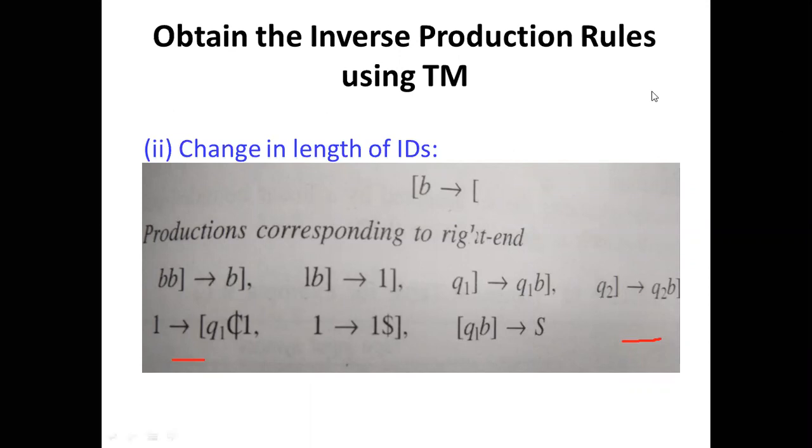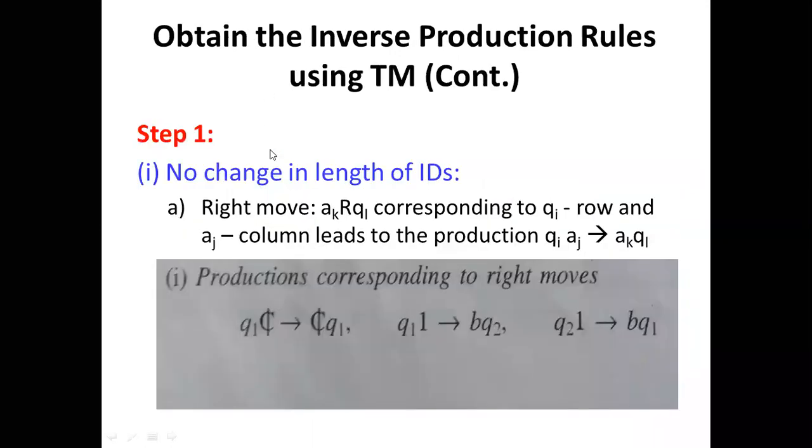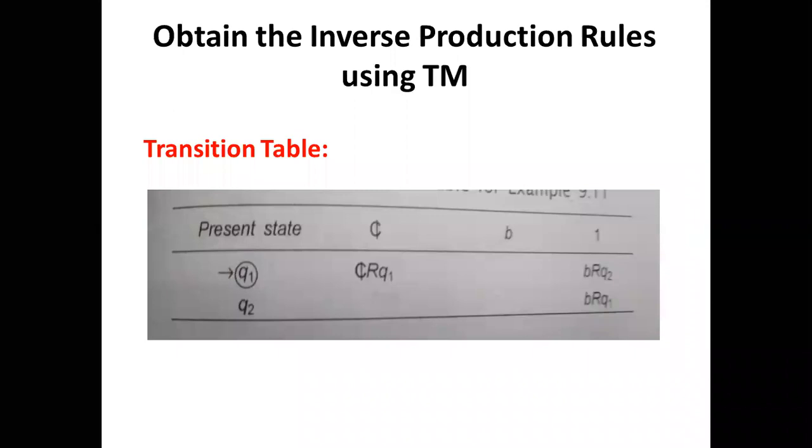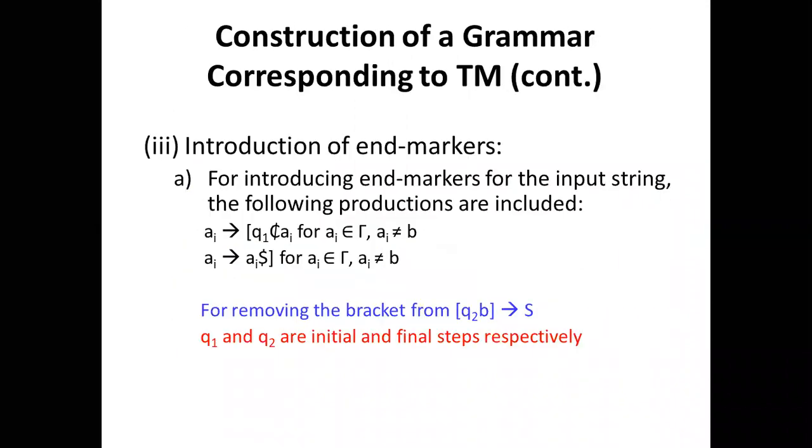And now we have considered the last one, the introduction of the end marker. The corresponding production is AI to left bracket Q1 left end marker AI. Here AI is all the tape symbols. So here the tape symbols are like this.